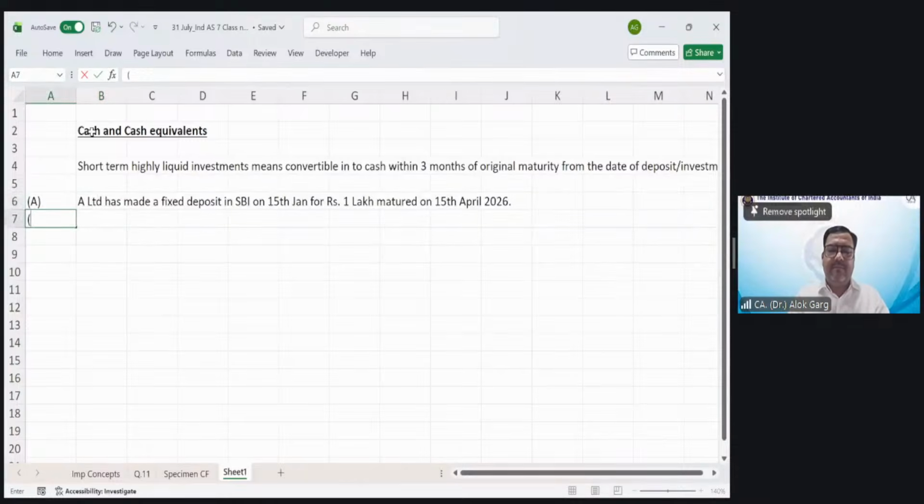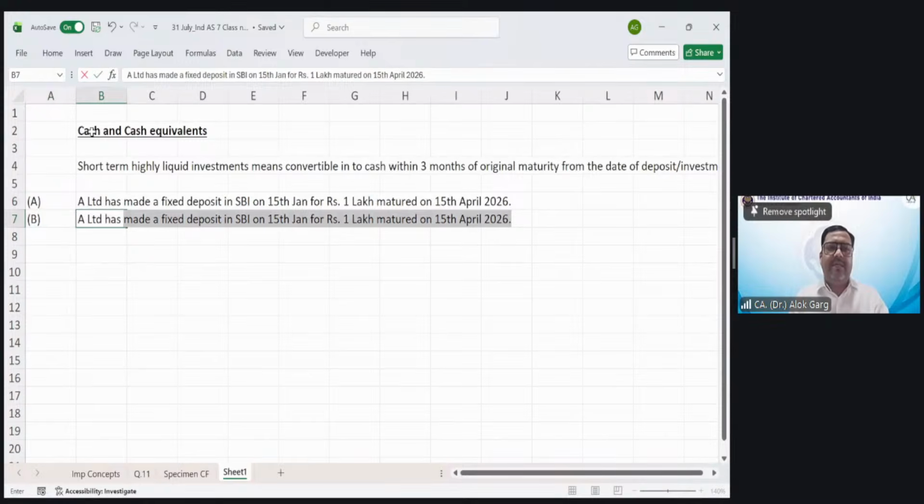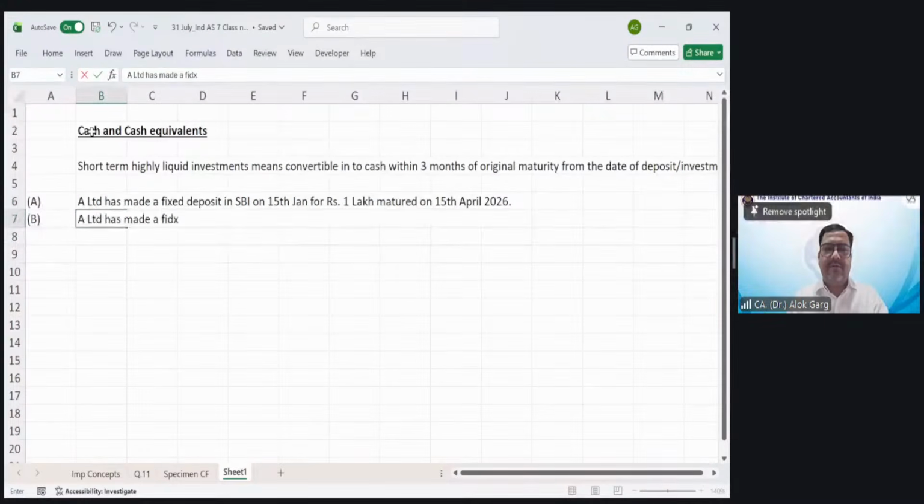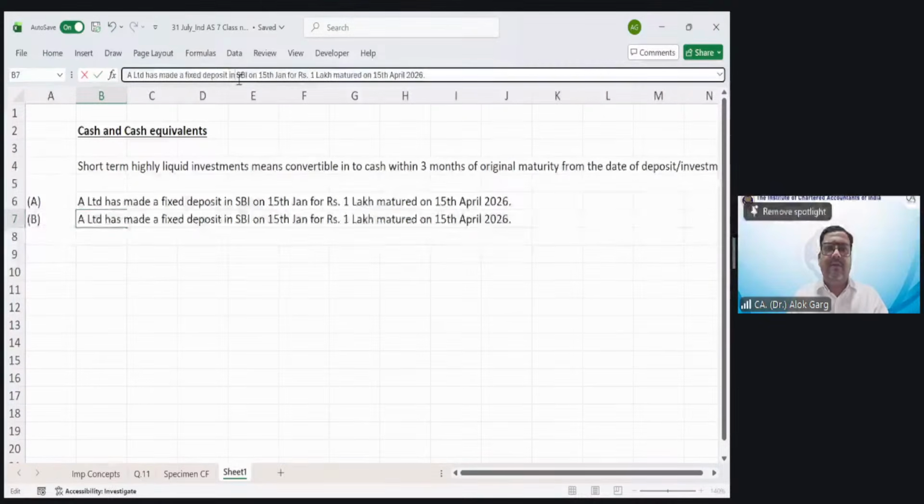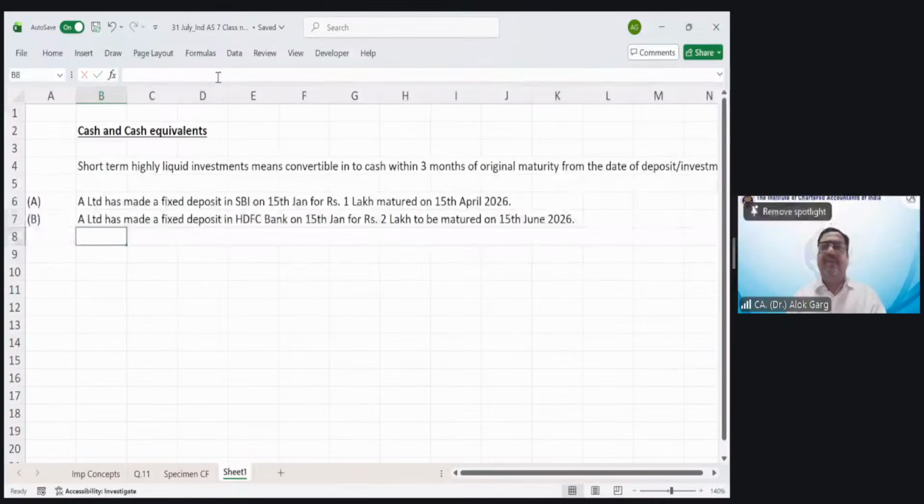B. A Limited has made a fixed deposit in HDFC Bank on 15th January for rupees 2 lakh to be matured on 15th June 2026.